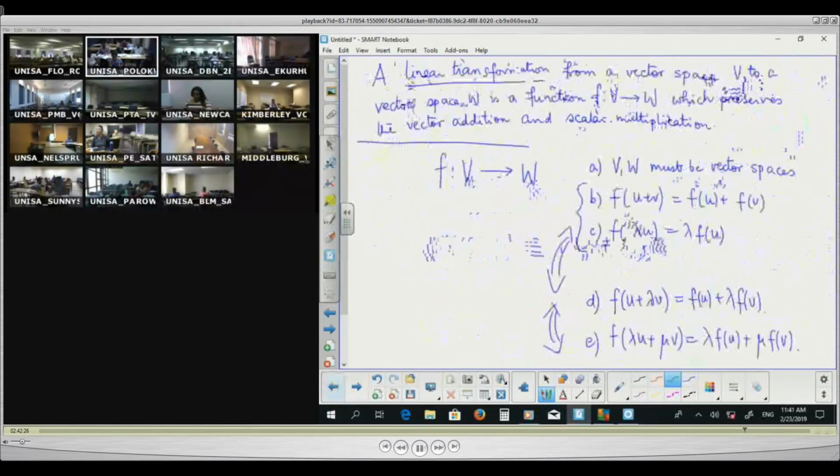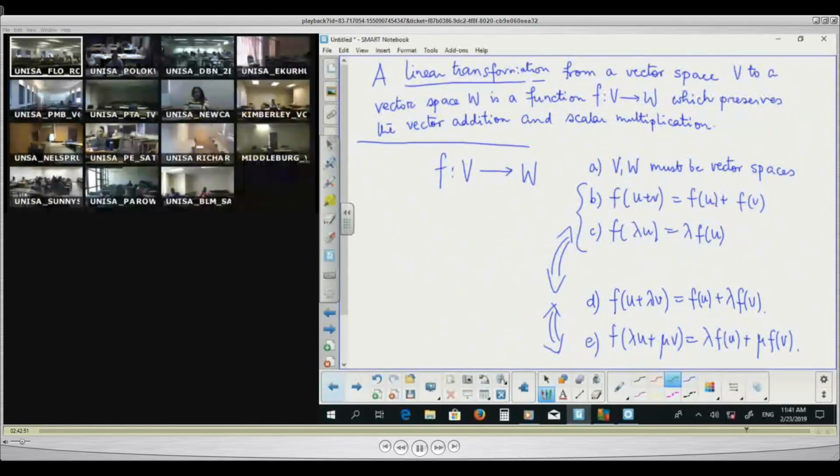Are V and W vectors? V and W are vector spaces. U and V are coming from V, so they are vectors in V, obviously, yes. Oh, okay.